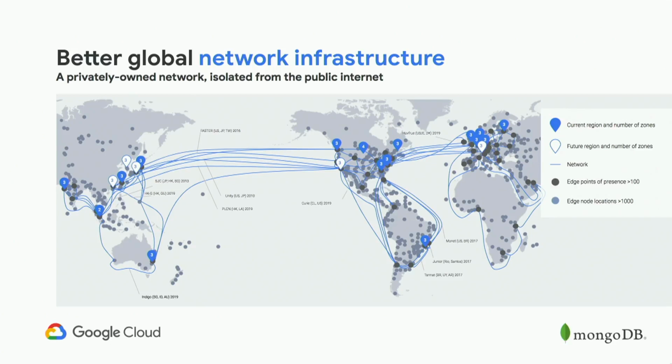This network is only available to our customers and Google's own use, and it handles anywhere up to 40% of global internet traffic on any given day. Because it is private and only available to our customers, it is less susceptible to attack and much more secure.